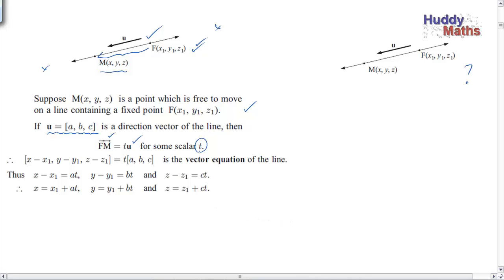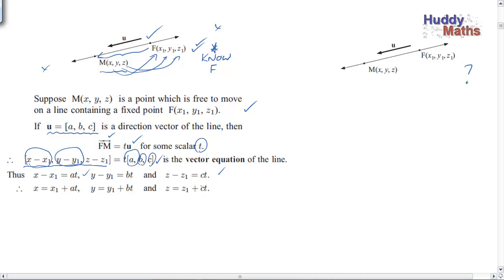All right, so what could we say? Well, FM is this, isn't it? It's x take the x coordinate of that, y, and just keep in mind, we know F. We know the coordinates of F because we've got to fix our line in space and then give it a direction. So we know that. So it's t times our direction vector, a vector equation. So therefore we can say x take x1 is t by a, y take y1 is t by b, and z take z1 is t by c.